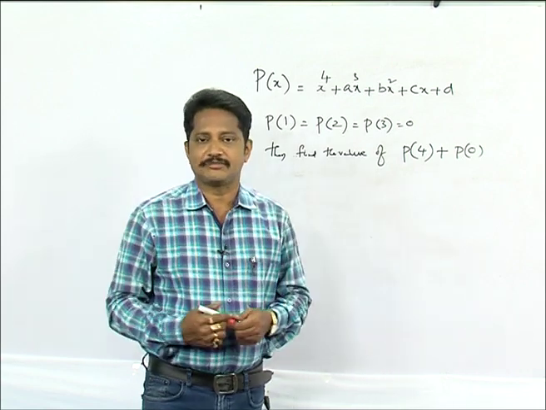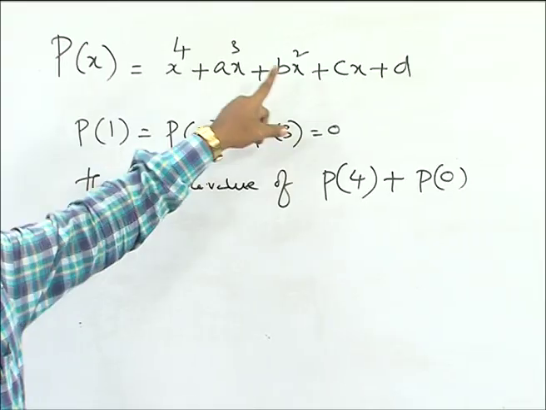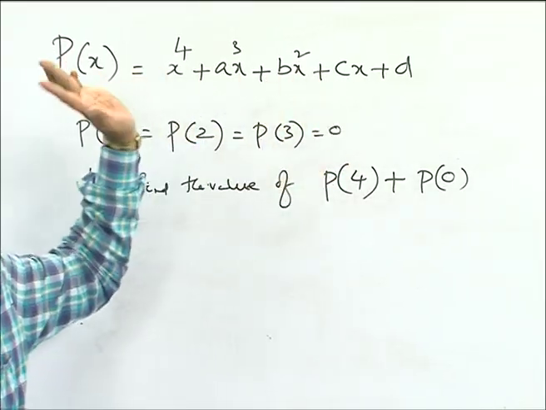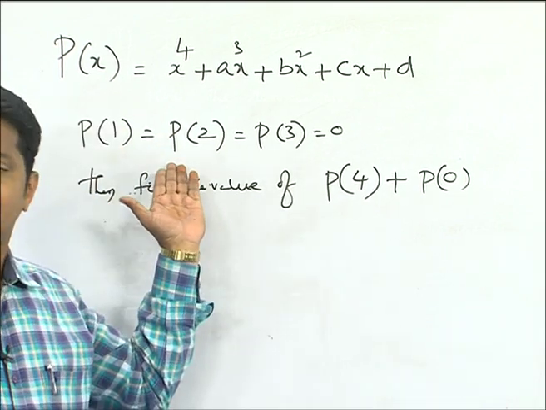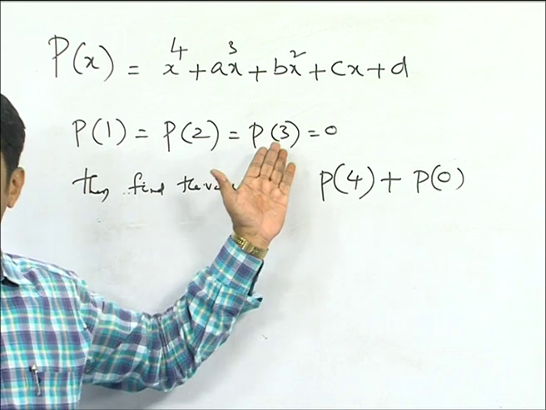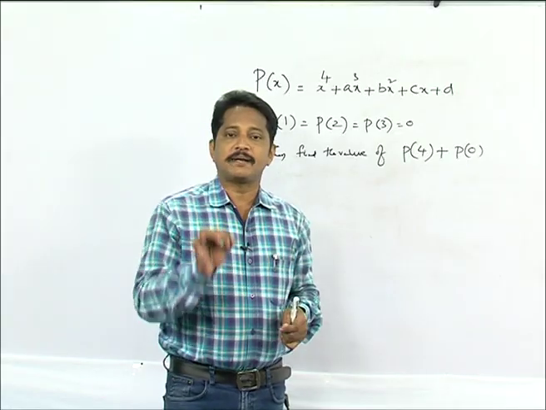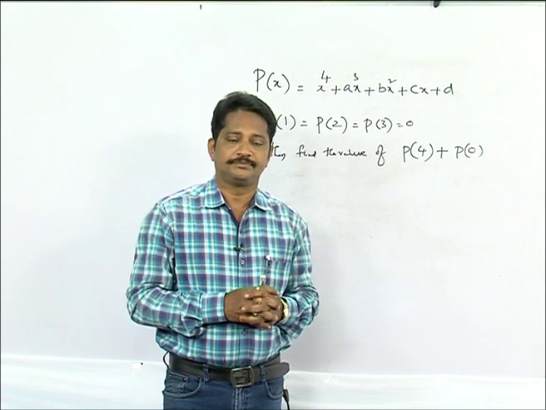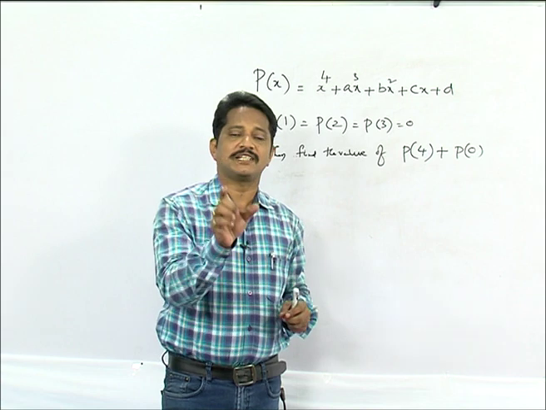See it very carefully. p of x equal to x to the power of 4 plus ax cube plus bx square plus cx plus d is the given polynomial, am I correct? And p of 1 equal to p of 2 equal to p of 3 equal to 0 is the given information. What is meant by p of 1 equal to 0? It means x minus 1 is a factor.